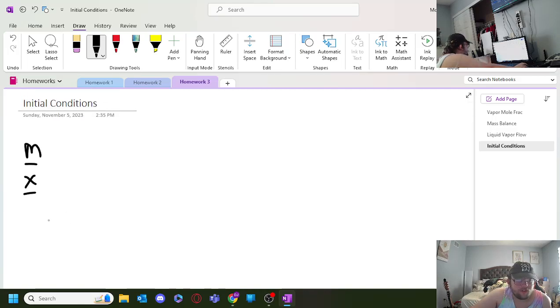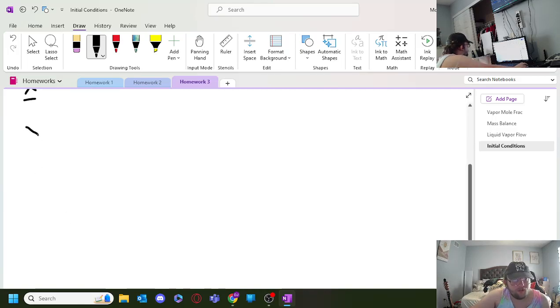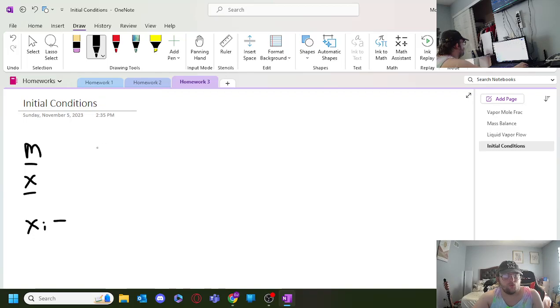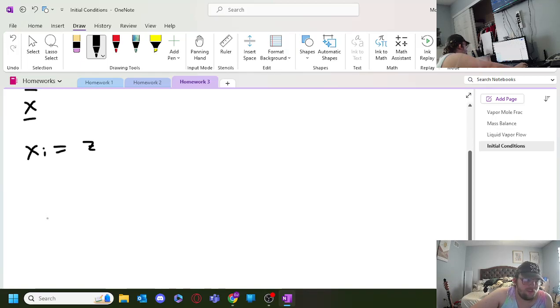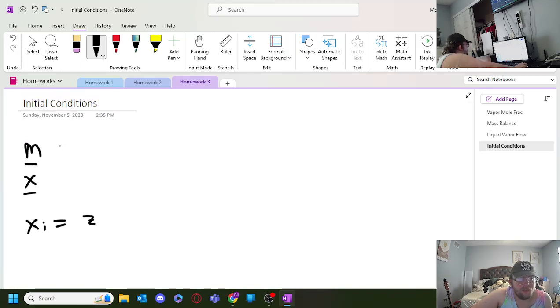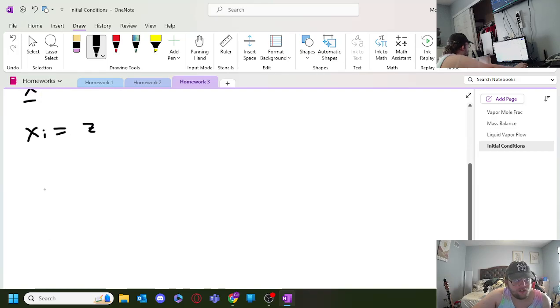So first, let's just do an X initial because it'll be real simple. For our initial conditions for X initial, we are just going to say each tray has the feed composition. So X equals the feed composition for all stages. Now, this M initial gets a bit more complicated.